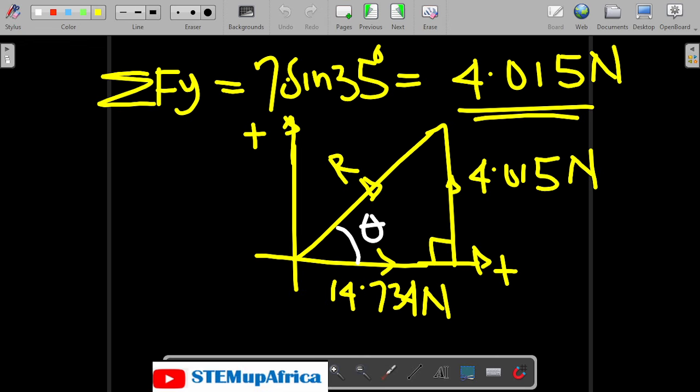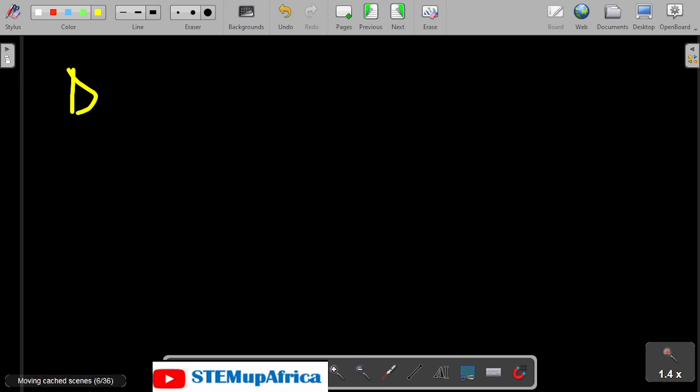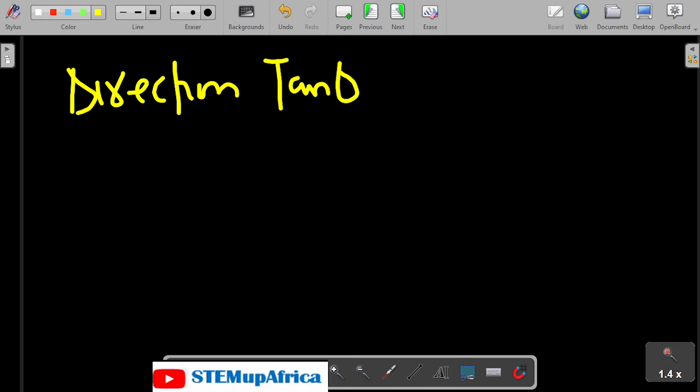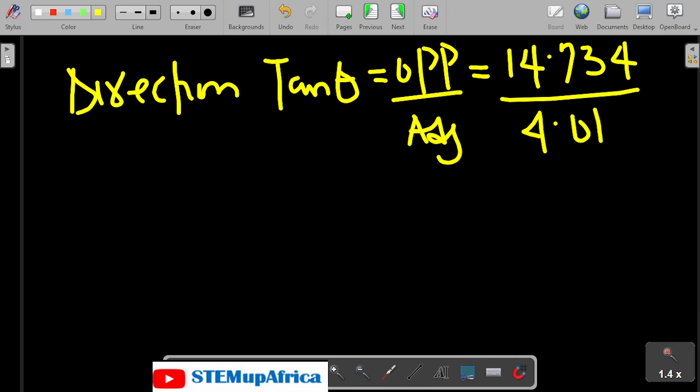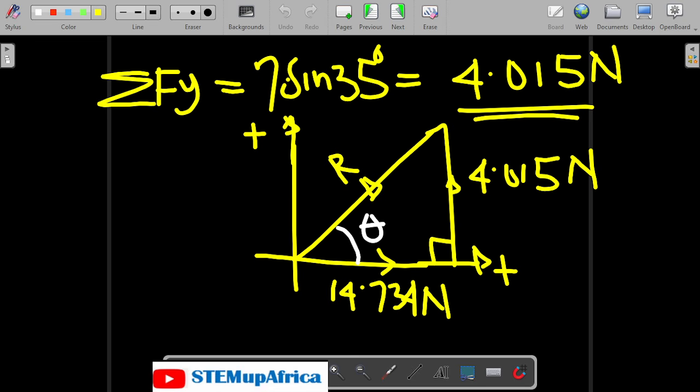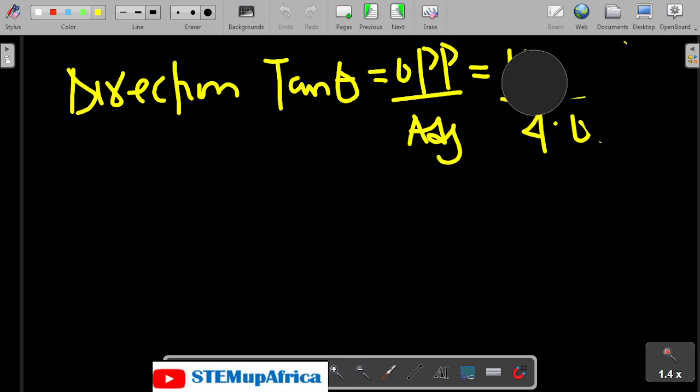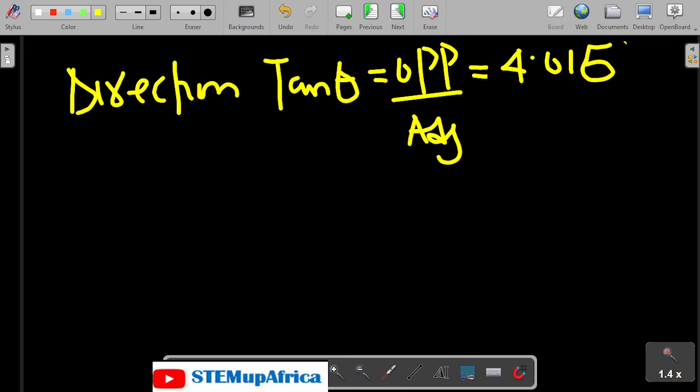So let's get the direction. If I want to find direction, I will use SOHCAHTOA, which is opposite over adjacent. So for direction, I'm having tan theta, which is opposite over adjacent. The opposite is 4.015 and the adjacent is 14.734.